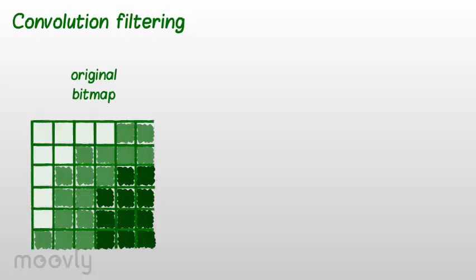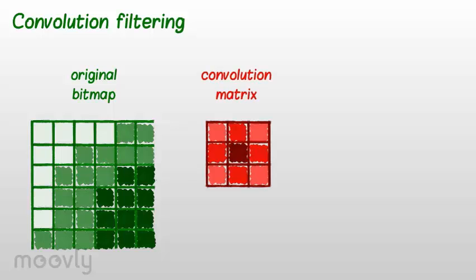To explain the principle of convolution, let's have a bitmap whose top left corner is shown here. Each little square represents a single pixel. A convolution matrix or kernel is a square matrix with usually an odd number of rows and columns, the simplest being a matrix of order 3. Each element of the matrix contains a factor which is assigned a fractional number.